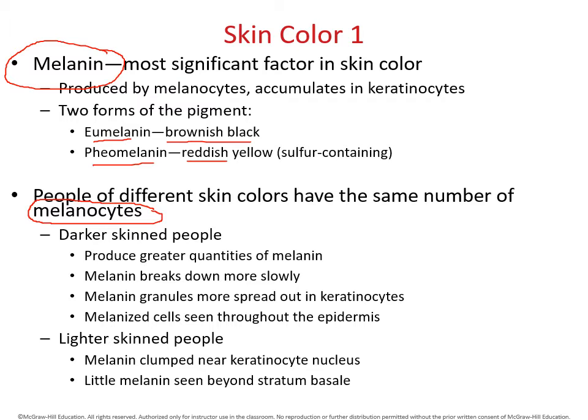Well, it turns out that even though we might have the same number of cells, these cells do not produce melanin at the same level, nor are our keratinocytes, or skin cells, able to display this beautiful pigment in the same way for each person. So go ahead and take a look at your PowerPoint towards the bottom. Someone who is naturally darker skinned, what we see happening from a genetic standpoint is that their melanocytes produce higher quantities of melanin, so they produce the pigment at a higher level.